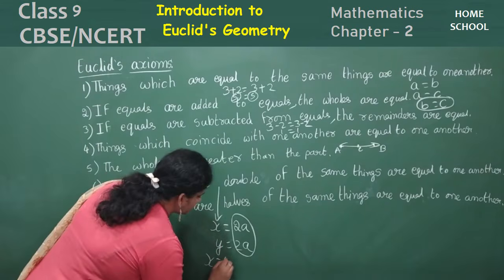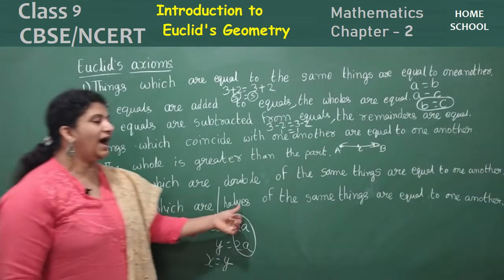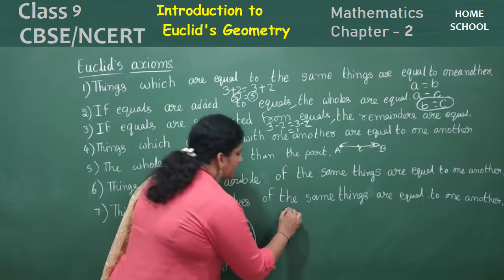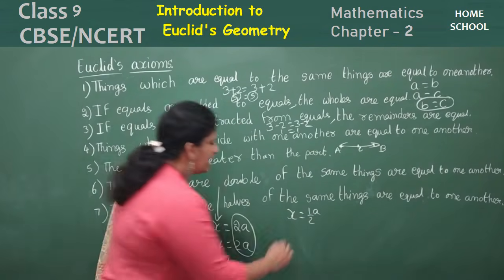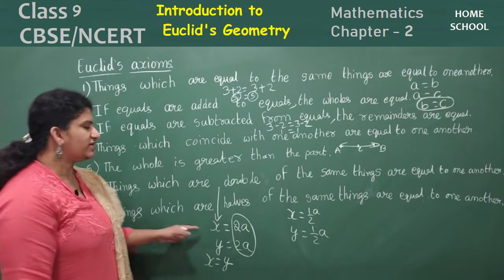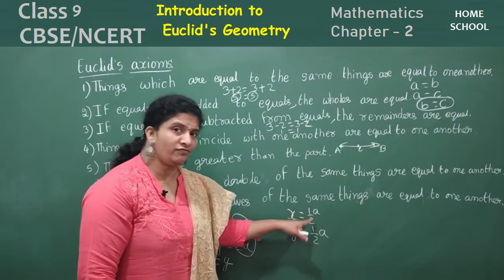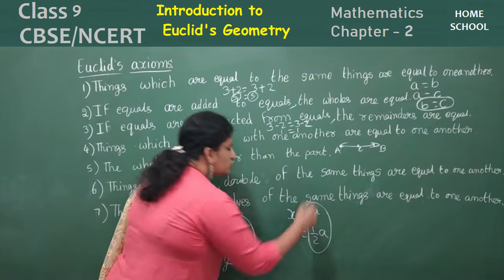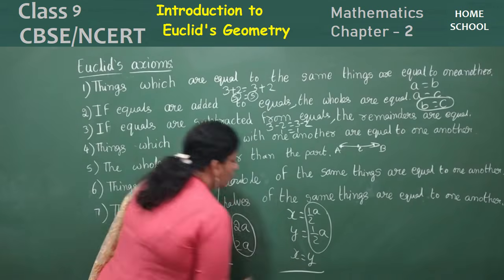That means x is equal to y. So see the last one, things which are halves of the same things. Same type of example, let's take x is equal to half of a, and y is equal to half of a. So things which are half of the same thing are equal to one another. Again these two are equal by axiom number 1. I can say x is equal to y.